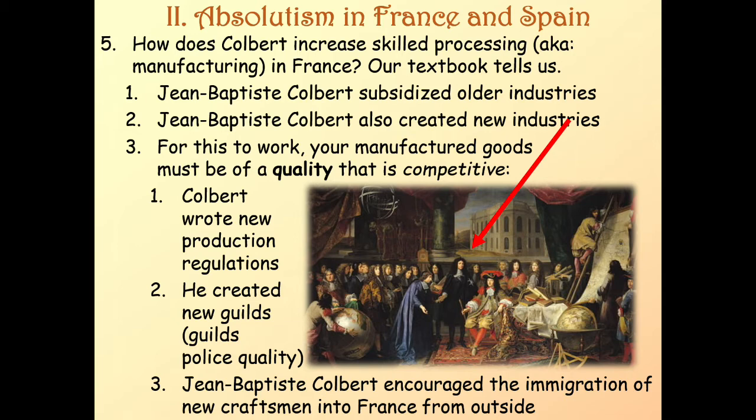And so Colbert wrote new production regulations to ensure the quality of these products. And he also created new guilds, because guilds actually police quality for you. Jean-Baptiste Colbert encouraged the immigration of new craftsmen into France from the outside. Bringing in these skilled people increased France's ability to do this skilled processing.